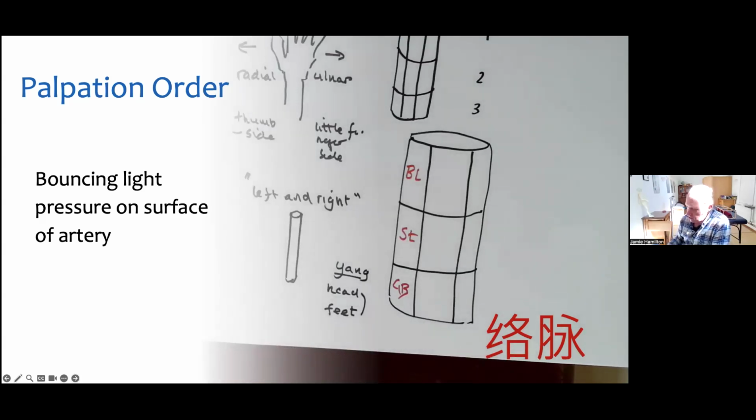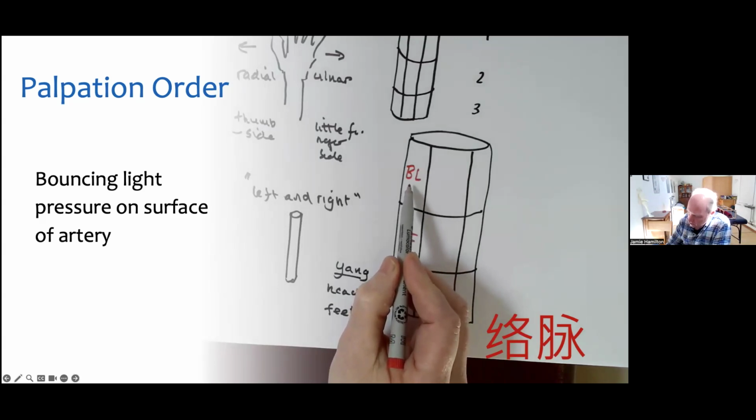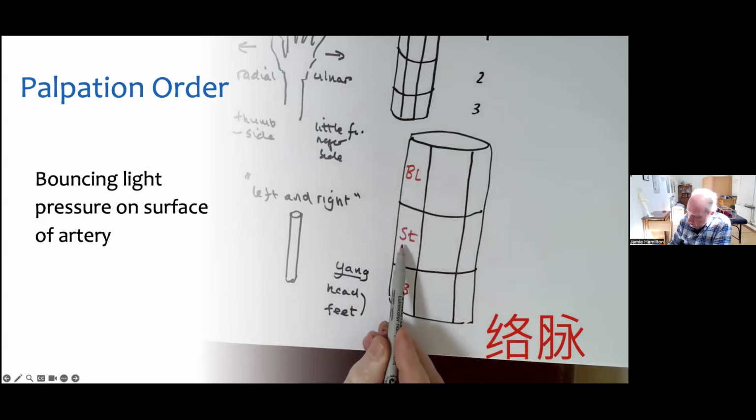So those are basically the foot yang channels. In the text, bladder is called foot tai yang, stomach is foot yang ming, and gallbladder is foot shao yang.